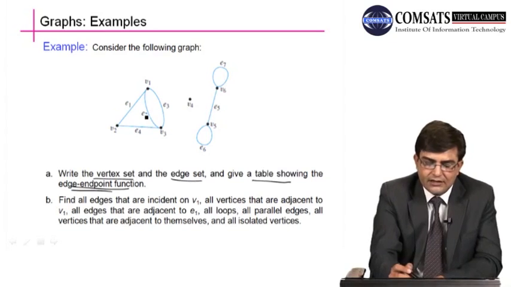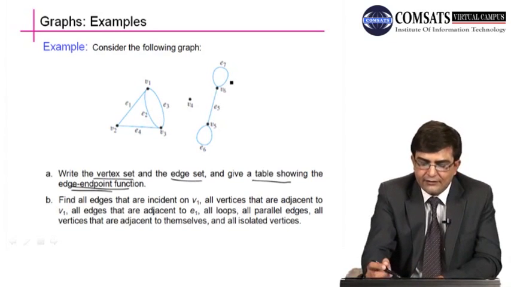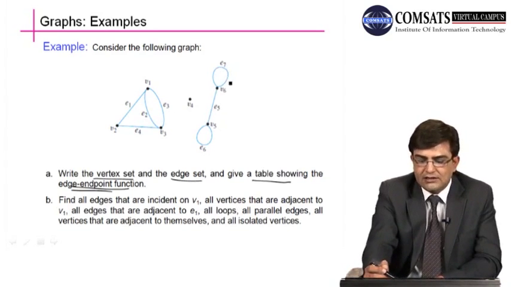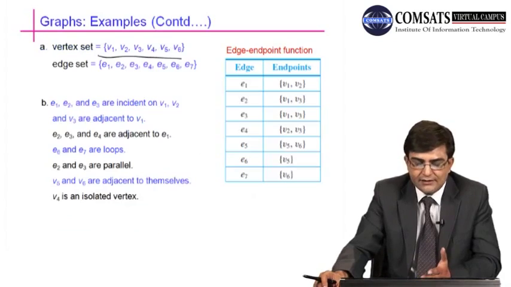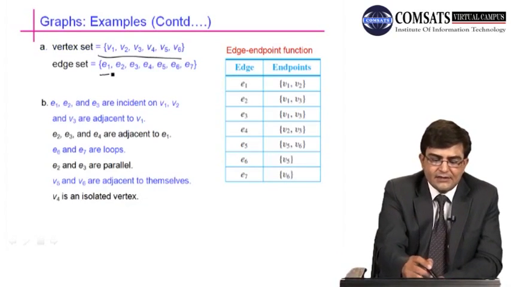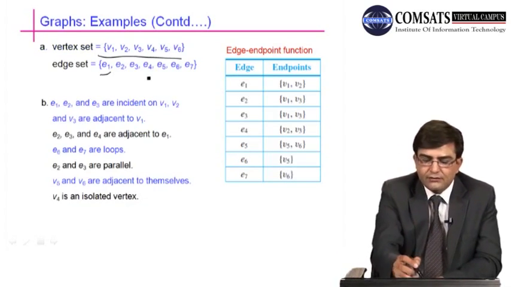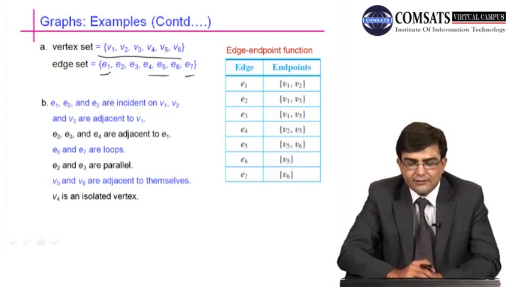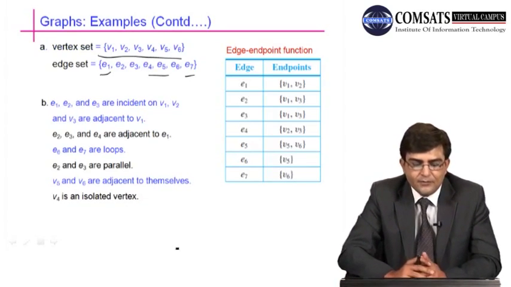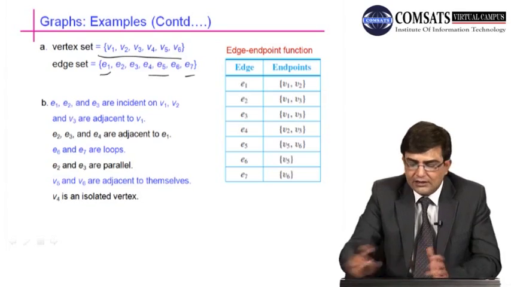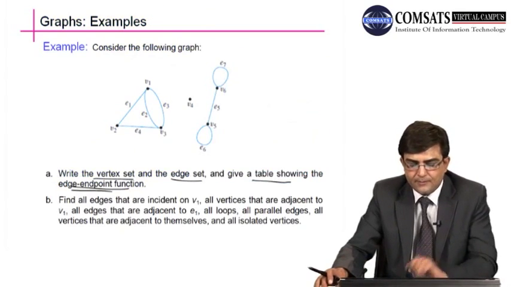Edges are E1, E2, E3, E4, E5, E6, E7. These loops are also edges. We consider them edges. So edge set is basically E1, E2, E3, E4, E5, E6 and E7. So this is basically the edge set of the graph which is shown here.